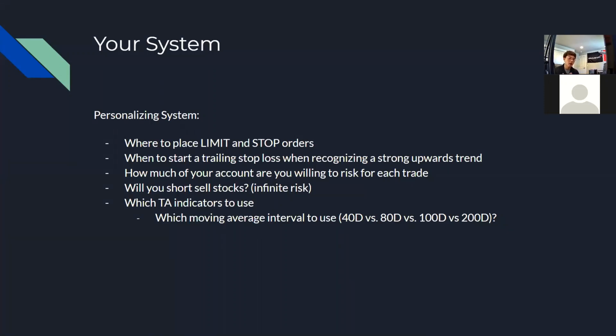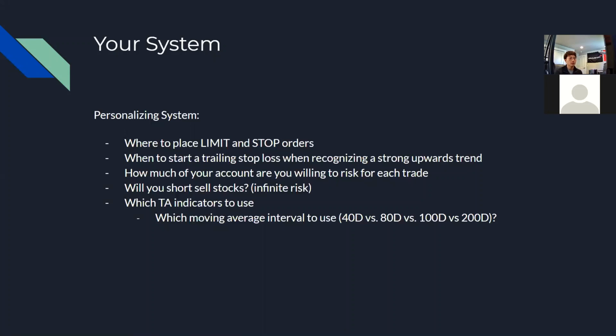You want to have the potential to make more than what you're risking. You should also start a trailing stop loss when you recognize a strong upward trend. Otherwise, you're missing out on opportunities for huge profits, limiting yourself to smaller profits from placing a limit order just above the current price.